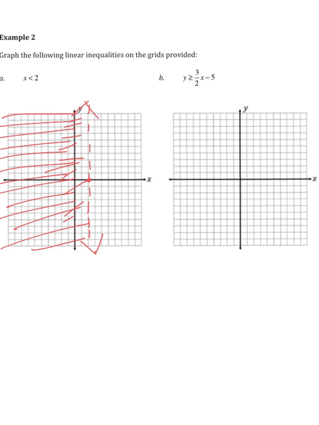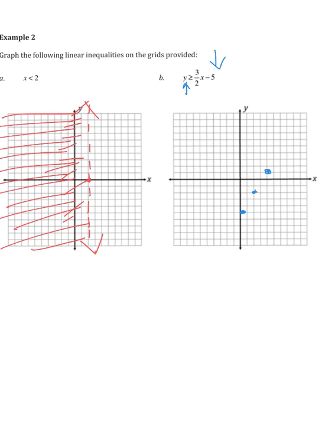So values for y that are greater than or equal to 3/2 x minus 5. Minus 5 is the y-intercept. It is a solid line because of the equal sign in the inequality. I'm going to start with the y-intercept and apply the slope of 3 over 2: up 3, over to the right 2.